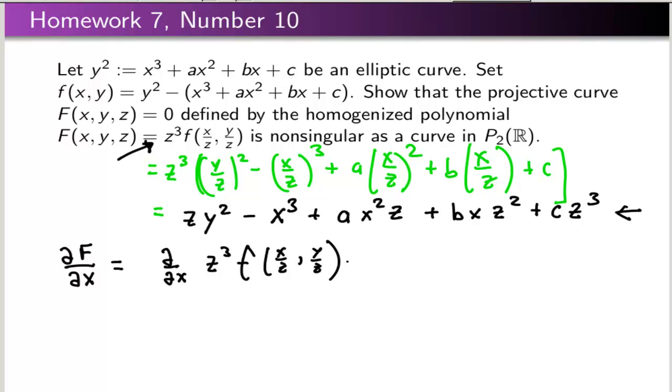So if I do it in that form, z is treated like a constant, and then we use the chain rule, so I have to take partial f, partial x, evaluated at this point right here, times the derivative of the first coordinate with respect to x, and that looks like 1 over z. Okay, so that's that.